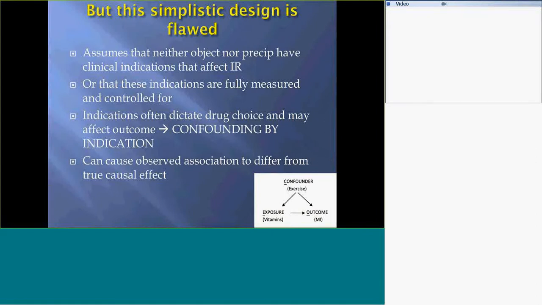So in pharmacoepidemiology, this is something that we think about, which is known as confounding by indication, that the indication for the drug can often dictate drug choice and may affect the outcome. And that is the fact that something related to both exposure, that is whether or not you get the precipitant, and the outcome could be a potential confounder, and this could cause an observed association to be different from the true causal effect. So approaches we take in pharmacoepidemiology, many of them are focused on minimizing this concept of confounding by indication.